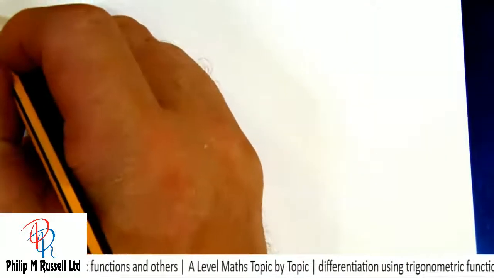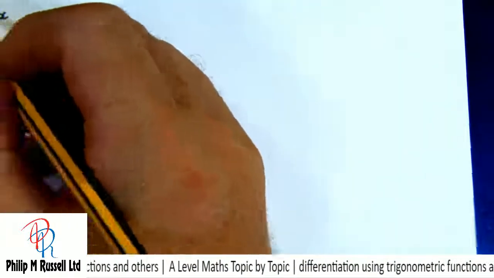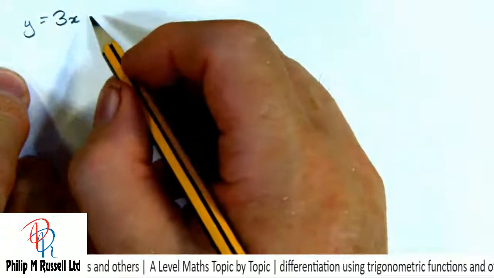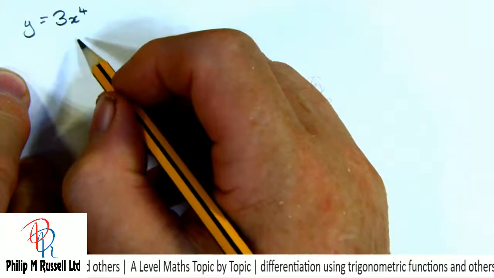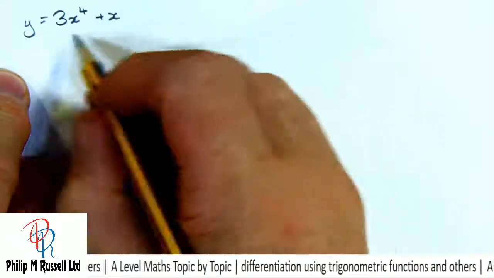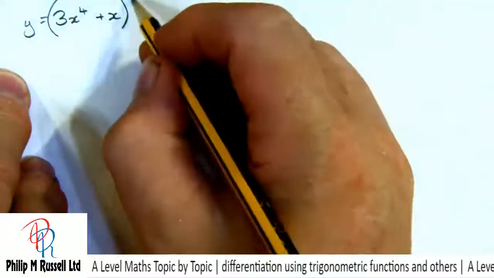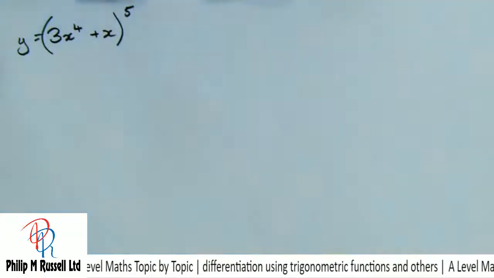So let's have a simple function, y equals something like 3x to the 4. Easy enough to differentiate that. But let's say I'm going to make it 3x to the 4 plus x. Still easy to do that. But now I'm going to make that to the power of 5.